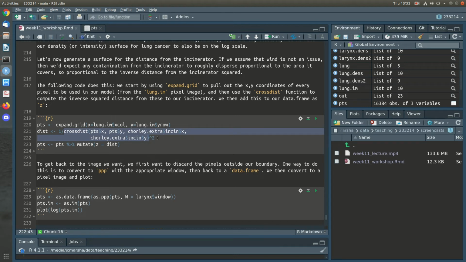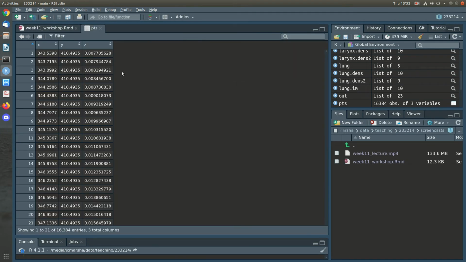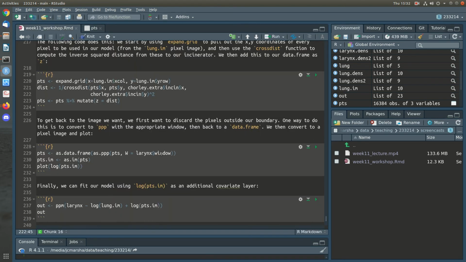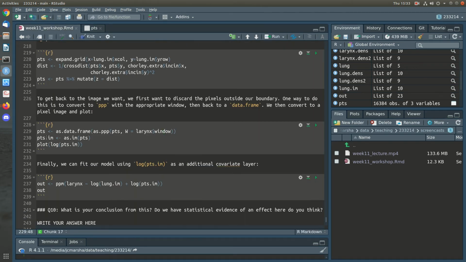So this is just all of the distances. We've done the reciprocal squared of that. So that's what's in dist there. And then we are going to convert it back to a PPP object with the appropriate window in order to get things back as we want it.